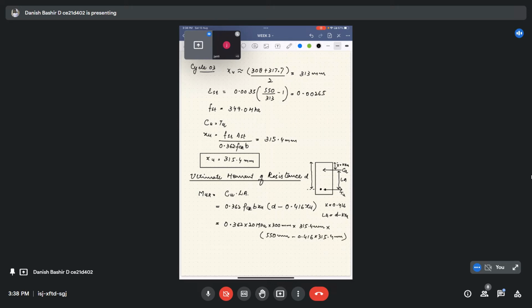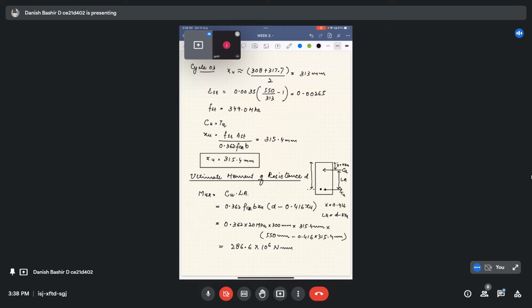When we do the calculations out, this comes out to be 286.6 into 10 power 6 Newton mm.